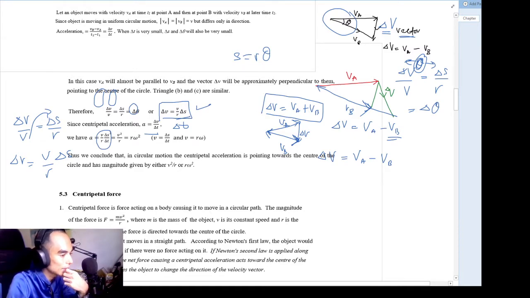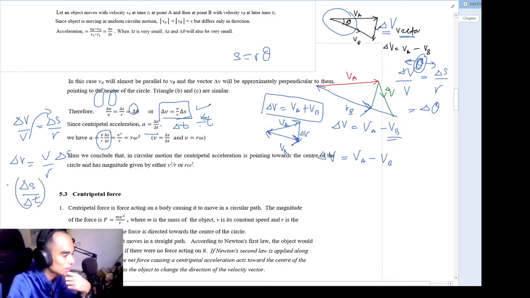So S over T. You just divide it by change of T, then you have change of S divided by change of T.